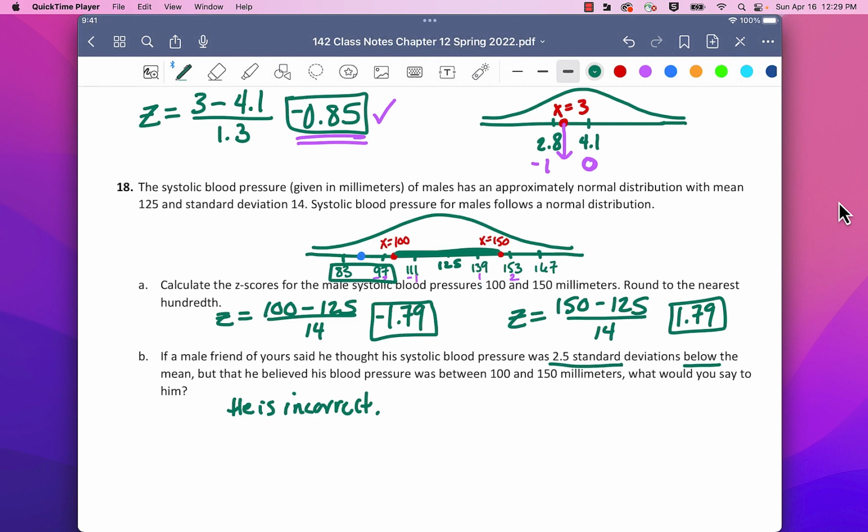Or you could go back to the information we found in part A and say, if you believe it's between 100 and 150, that's from -1.79 to +1.79 standard deviations, or within those z-scores. So you could explain it a couple of different ways, using the numbers and mathematics to prove your point. I hope this video has been helpful for you.